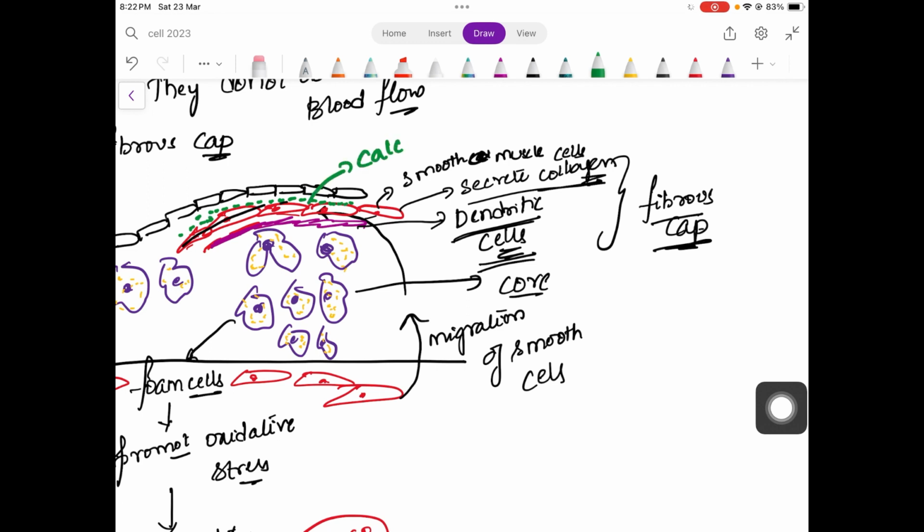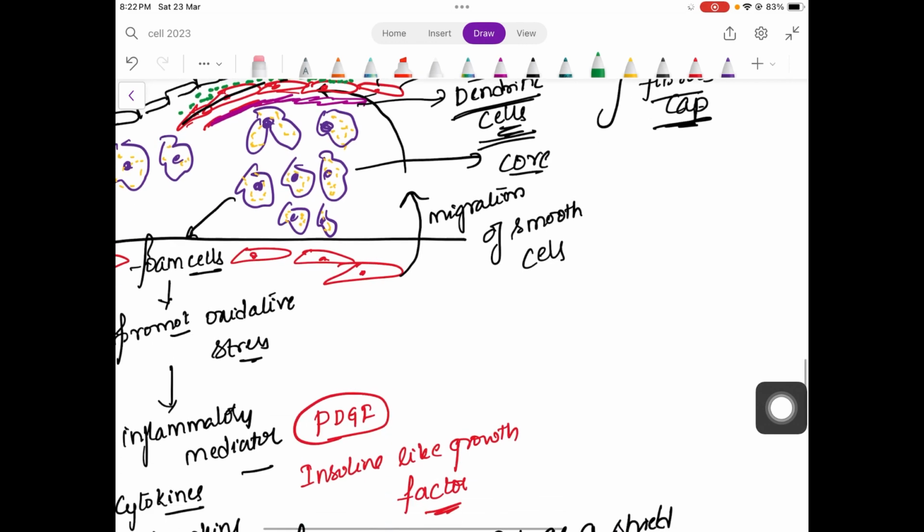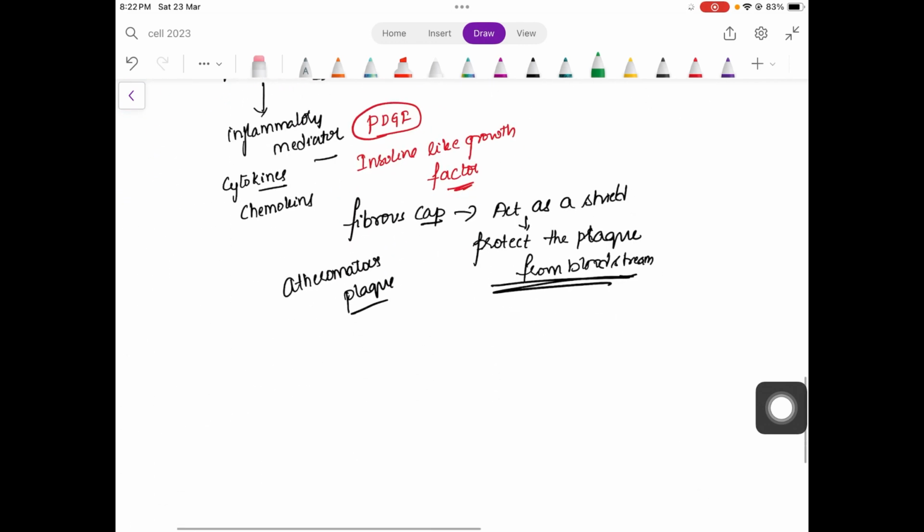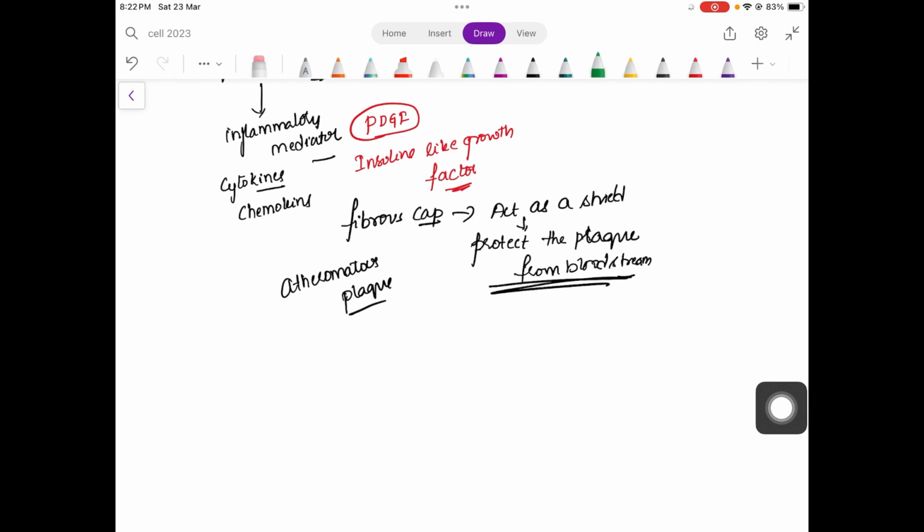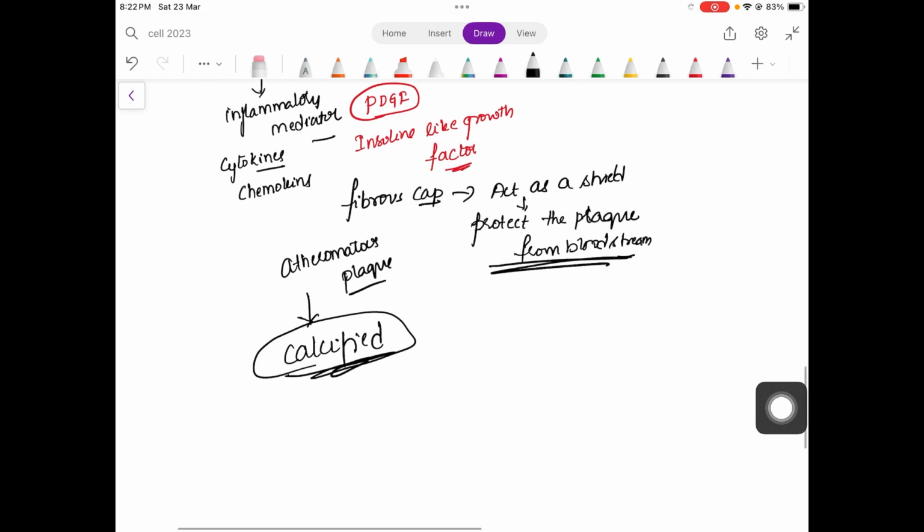This is calcium deposition. So in a long-term condition, this atheromatous plaque will be calcified. Whenever you do a CT scan for the heart, you can see these calcified lesions.